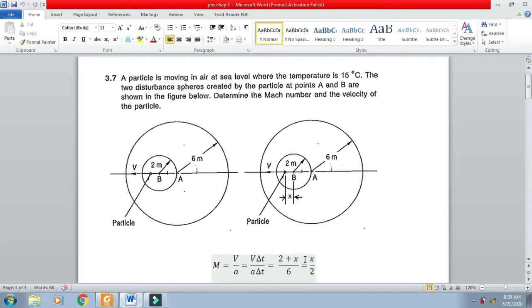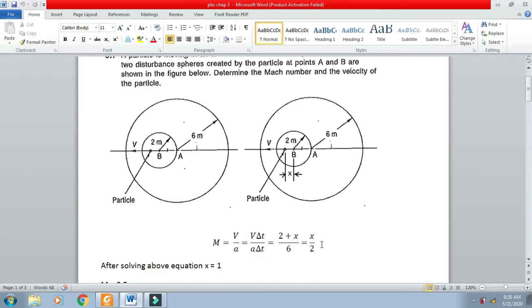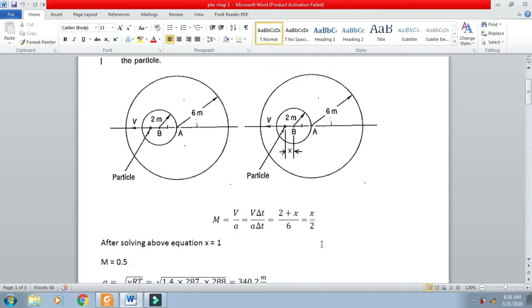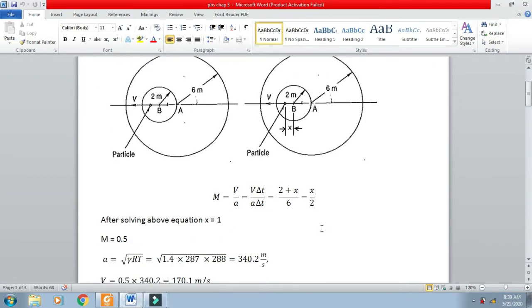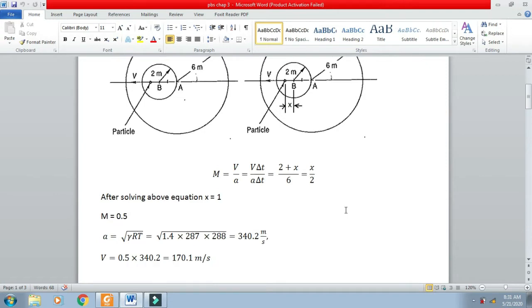If we consider B as our reference, the distance traveled by the particle from B is x, and the distance traveled by the wavefront is 2 meter. We solve the above equations and we get x equal to 1 meter. By substituting x equal to 1 in the above equation, the Mach number comes out to be 0.5.